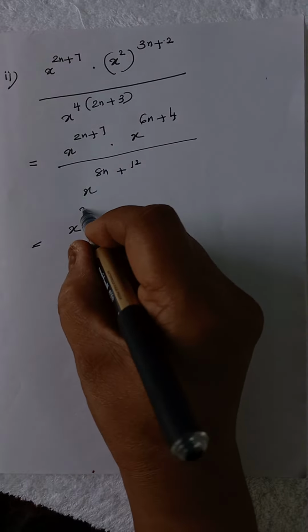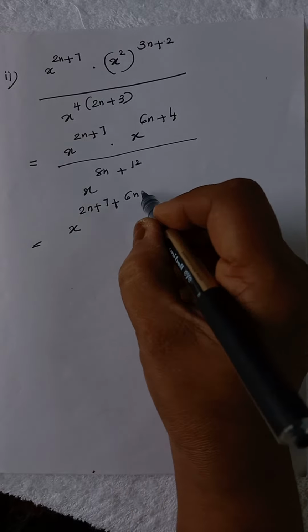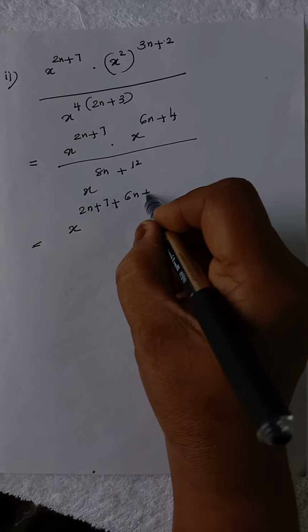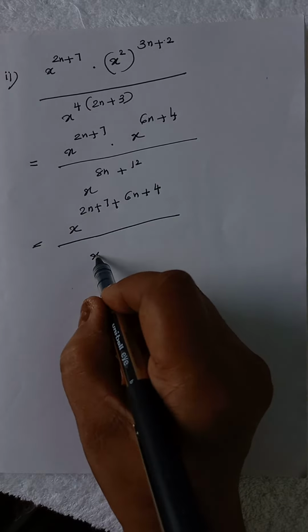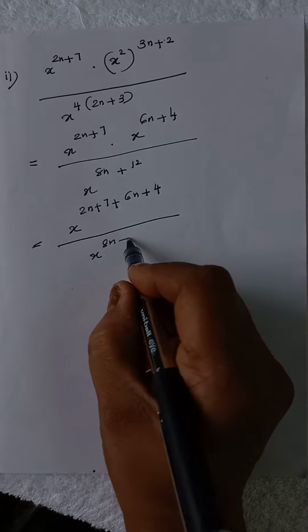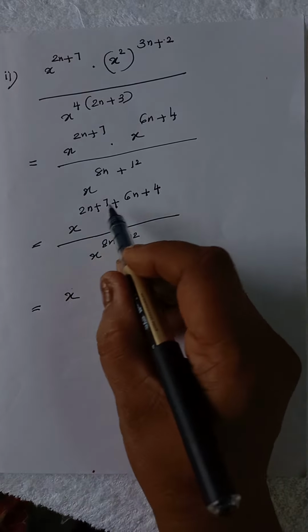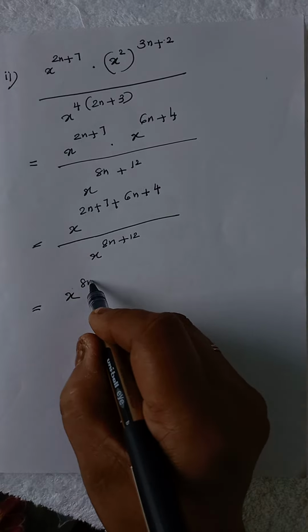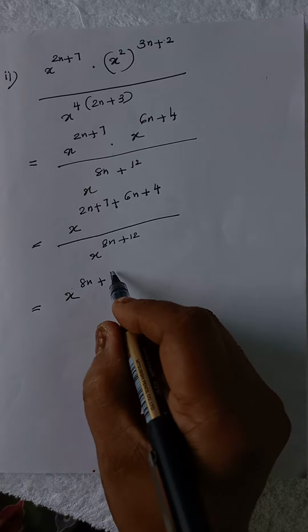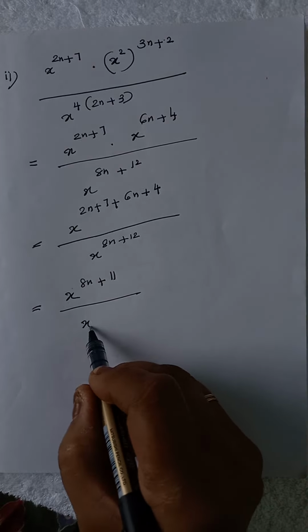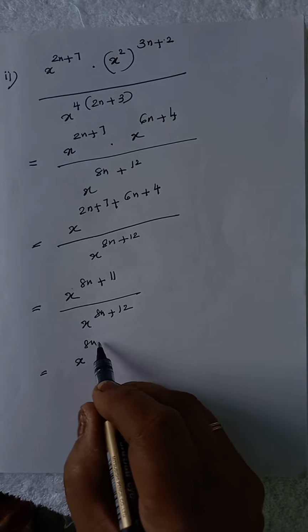So x^(2n+7) plus we can add powers, 6n+4, divided by x^(8n+12), that is equal to x^(2n+6n, that is 8n, plus 7 plus 4, that is 11) by x^(8n+12).